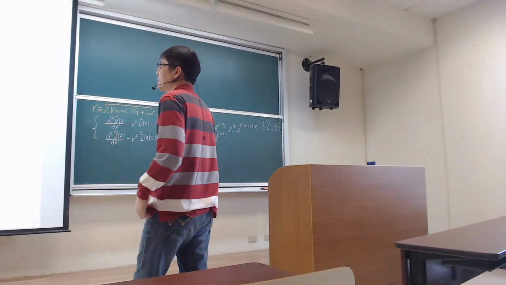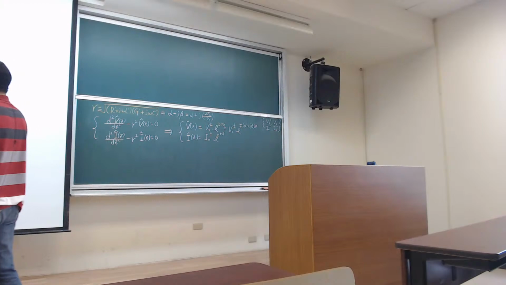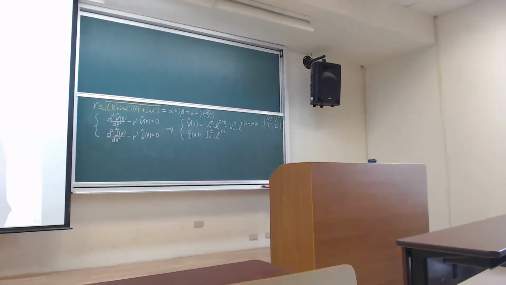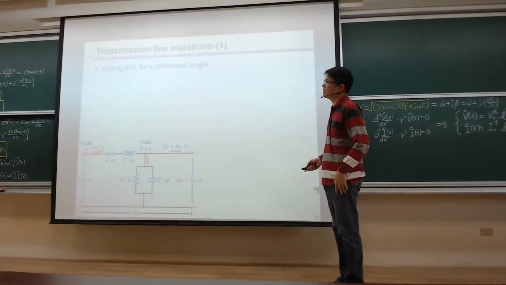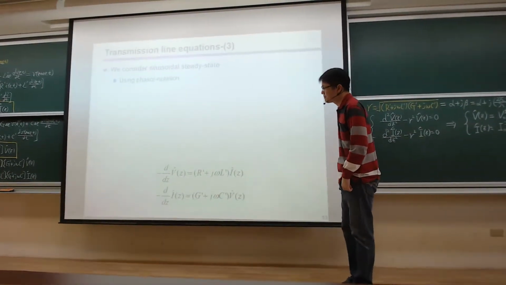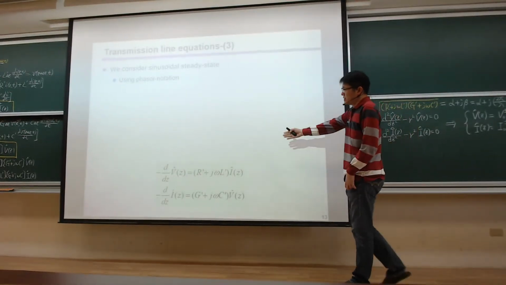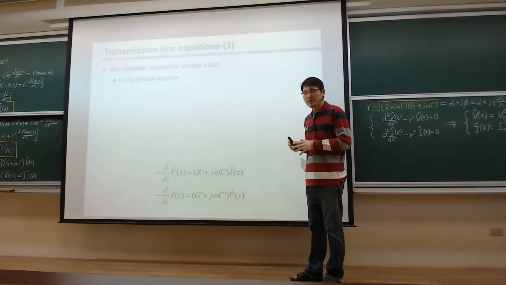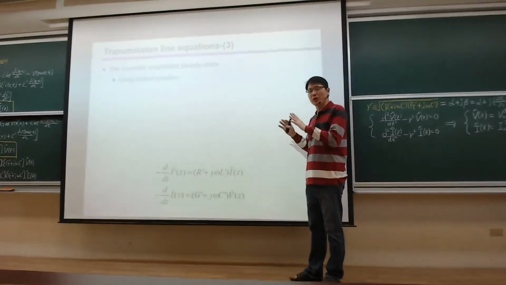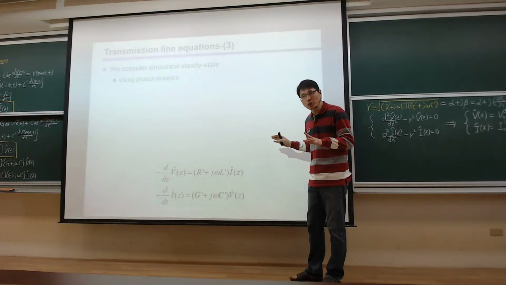Okay? So I'm using the PowerPoint. Initially, we have the equivalent circuit model, and we wrote down KVL, KCL equations. In the phasor domain, we simplified things. We don't like to work with differential equations.